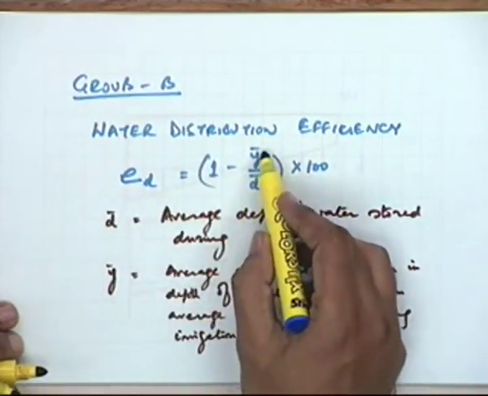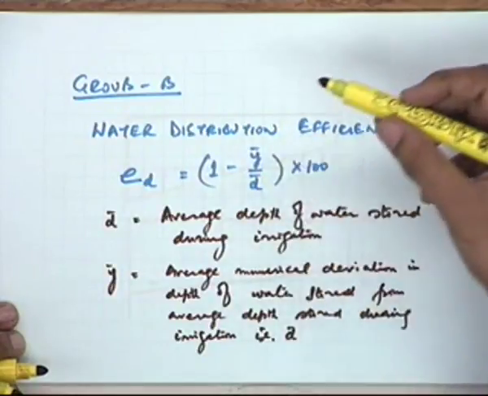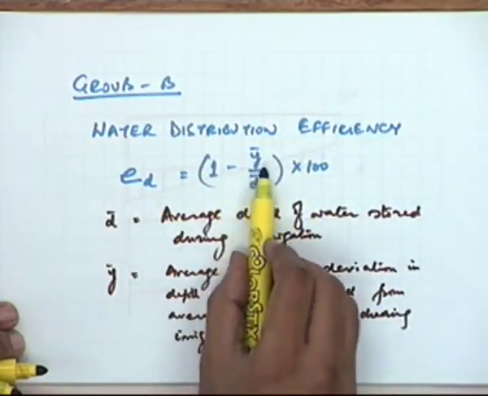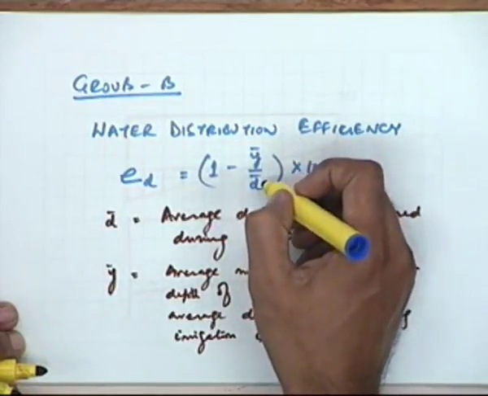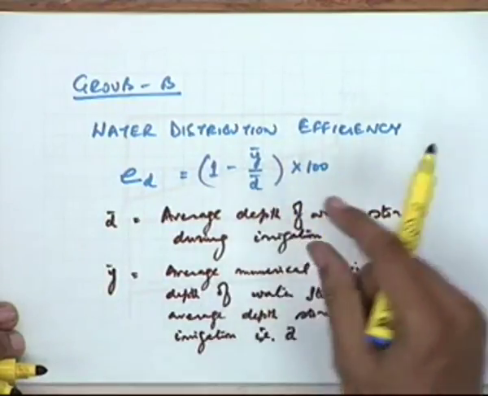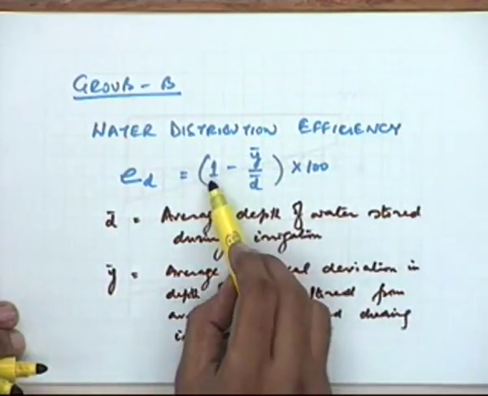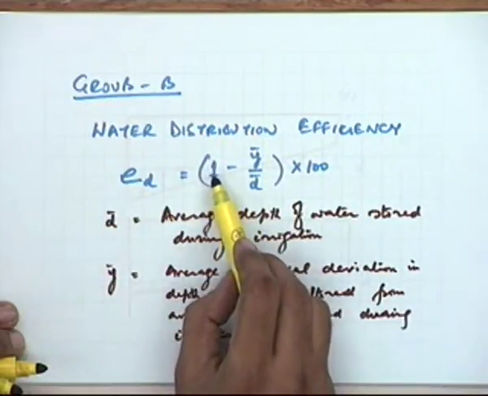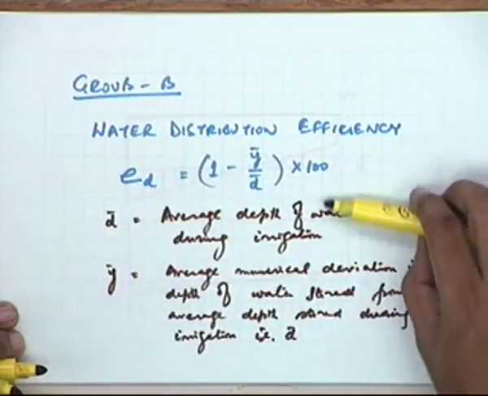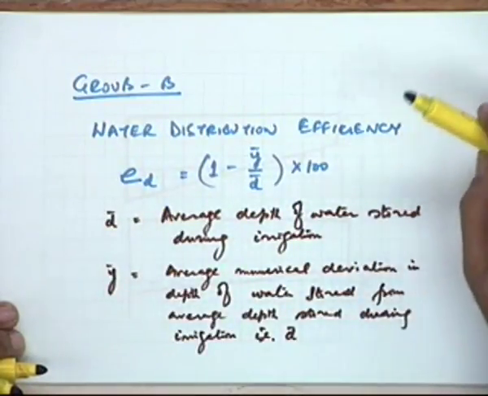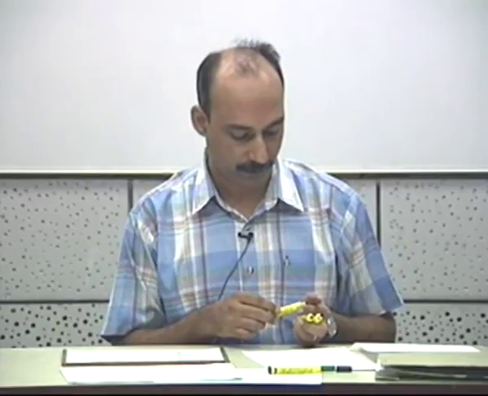The larger the deviations, the larger will be this y bar by d bar component, its order of magnitude will be larger, and the water distribution efficiency will be lower. So that is how the water distribution efficiency gives you an index of the uniformity of the depth which you have applied onto the field. Any question?